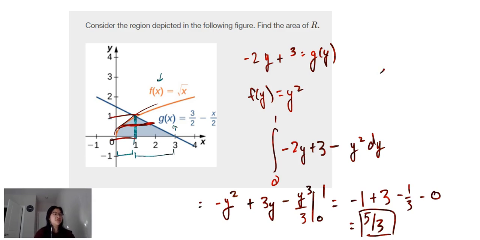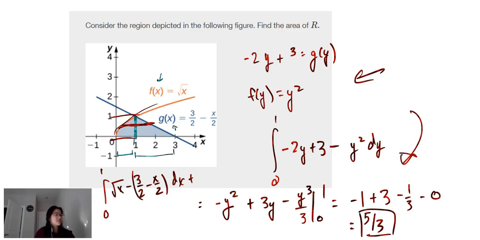So we did a little bit of algebra in the beginning so that we could have less algebra in our definite integral, but you could also split this up so that we have the integral from 0 to 1 of root x minus 3 halves minus x halves dx plus the integral from 1 to 3. Oh, no minus of that.